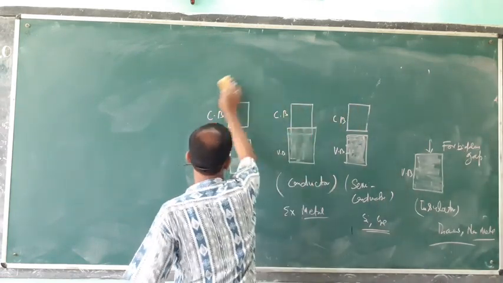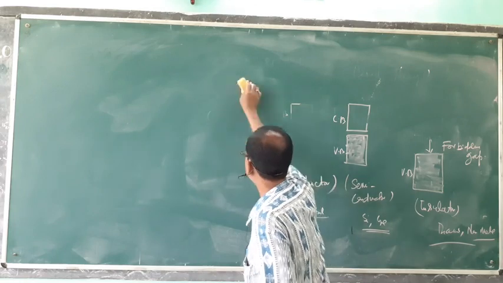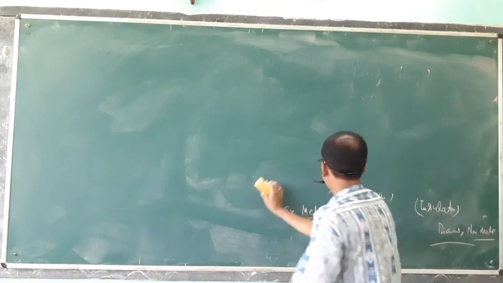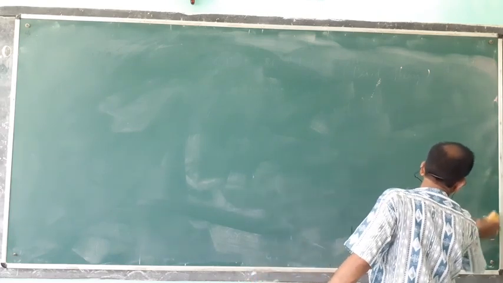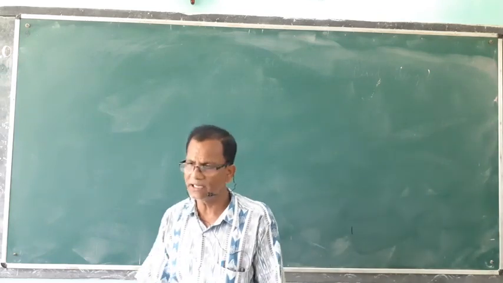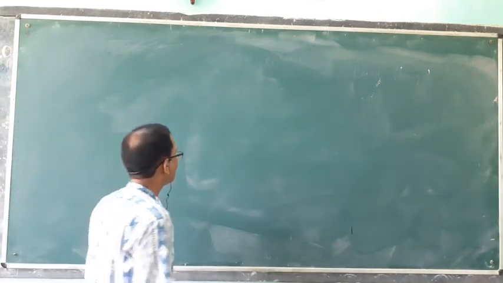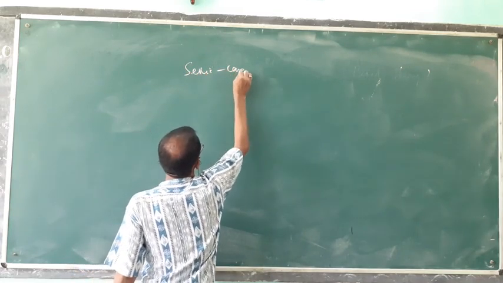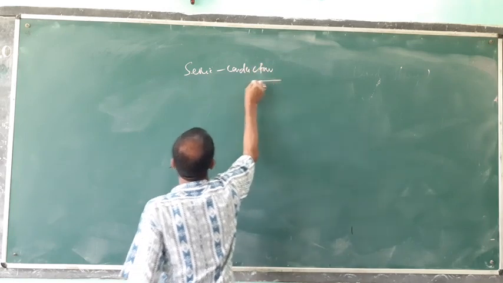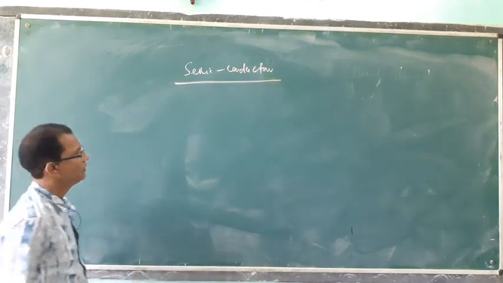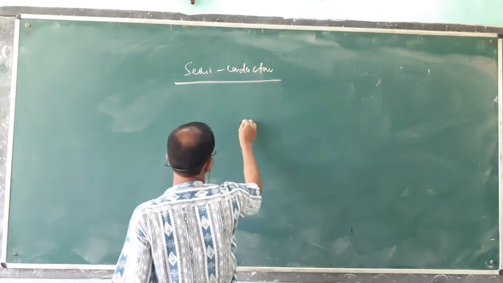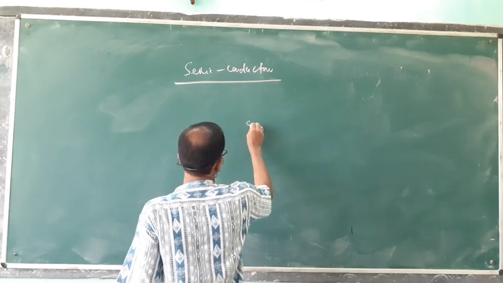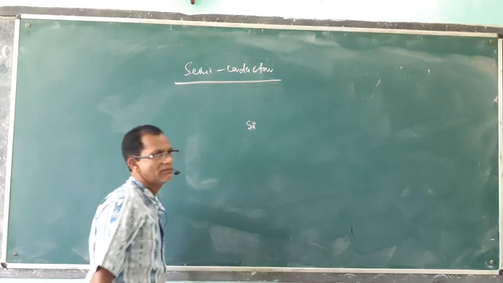So what is a semiconductor? A semiconductor is also a conductor, but its electrical conductivity is very less compared to a conductor. But the electrical conductivity of a semiconductor can be increased by heating. What are the semiconductors? Silicon, germanium.